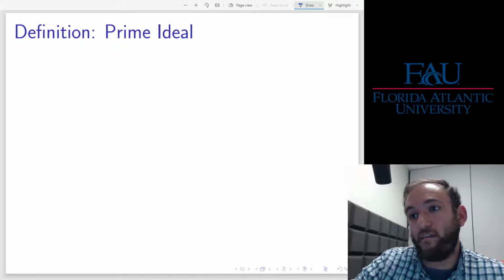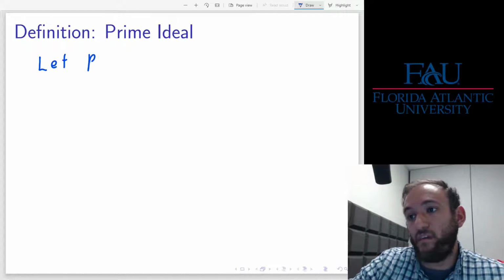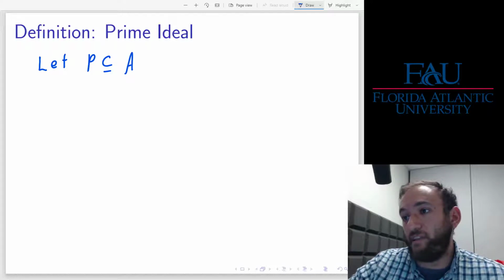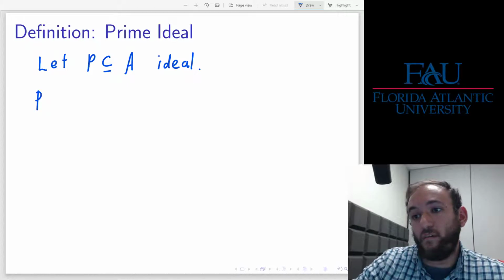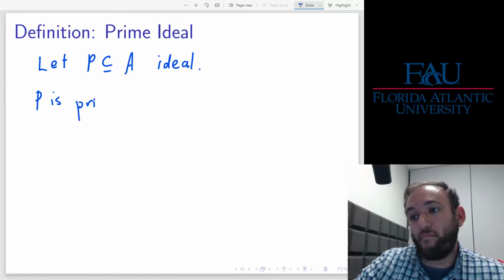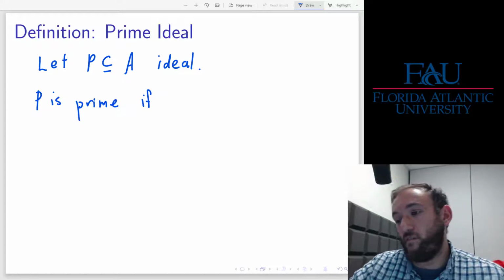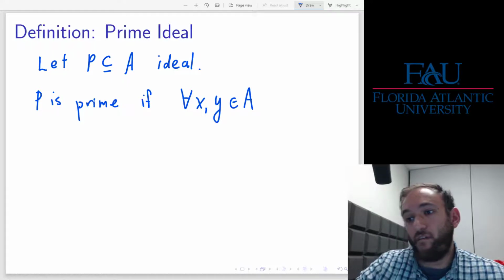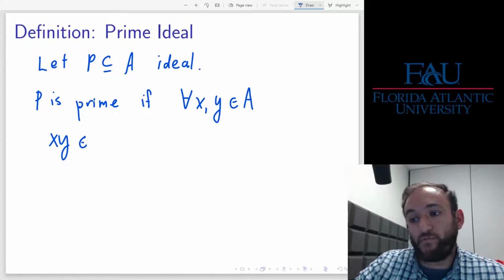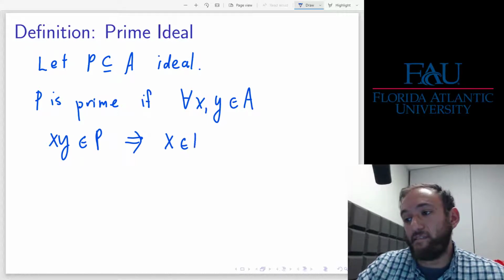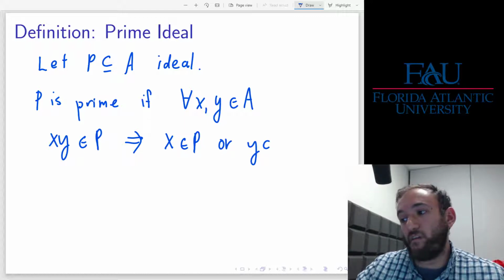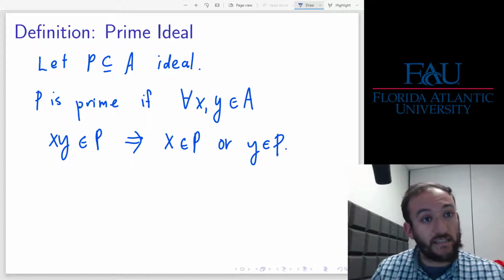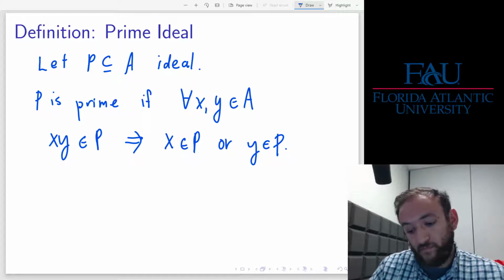So we say, we'll have P in A be an ideal. So P is prime if for any elements x and y in the ring, if the product of those two elements is in P, that means that either x is in P or y is in P. Okay, and that's the definition of a prime ideal.